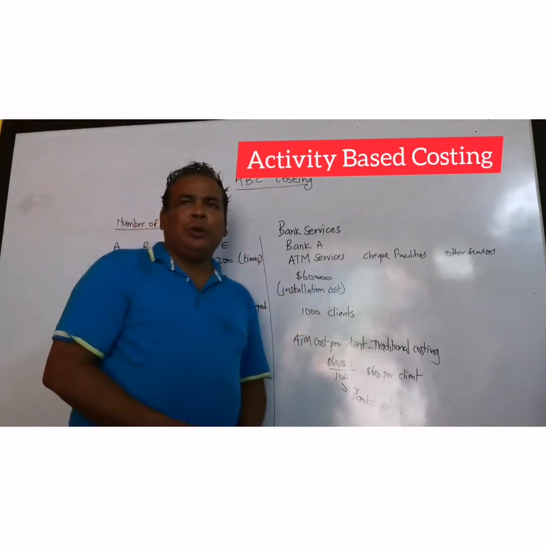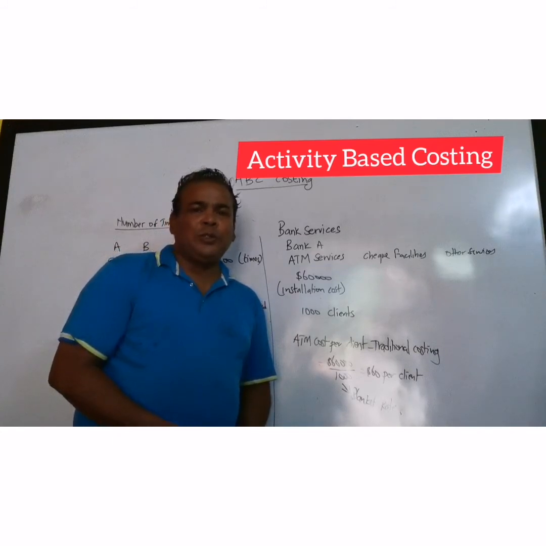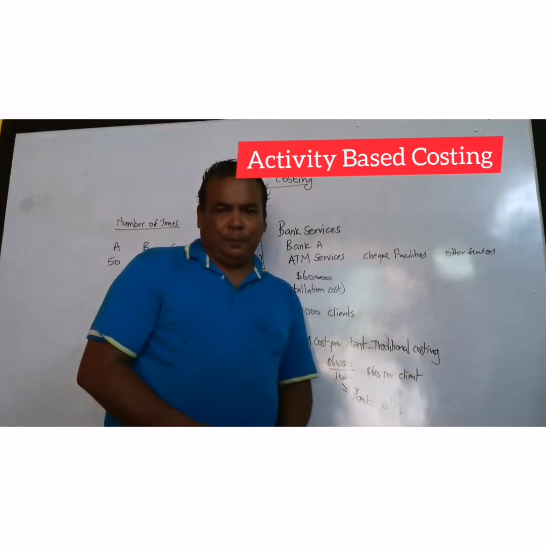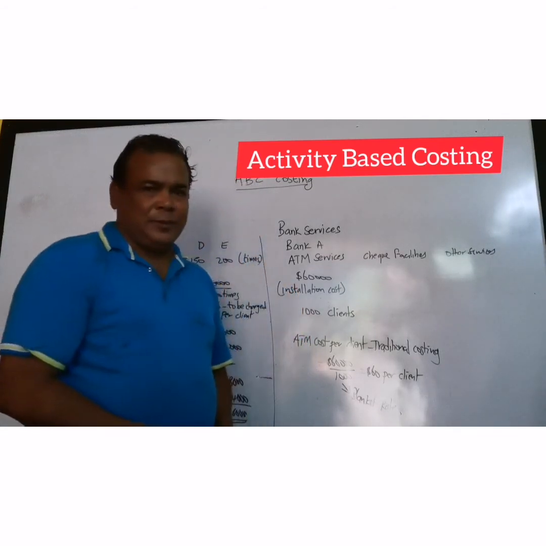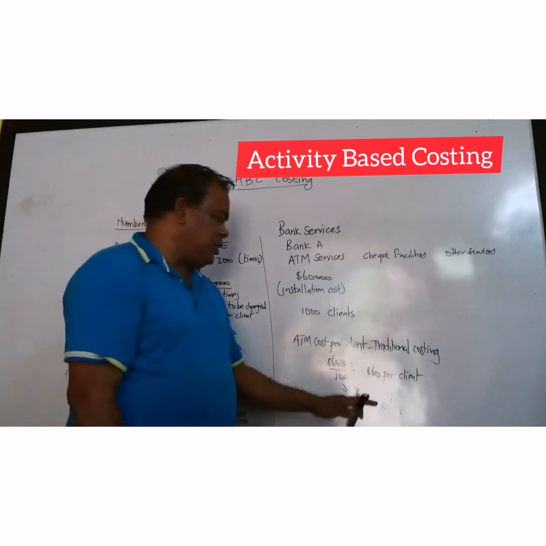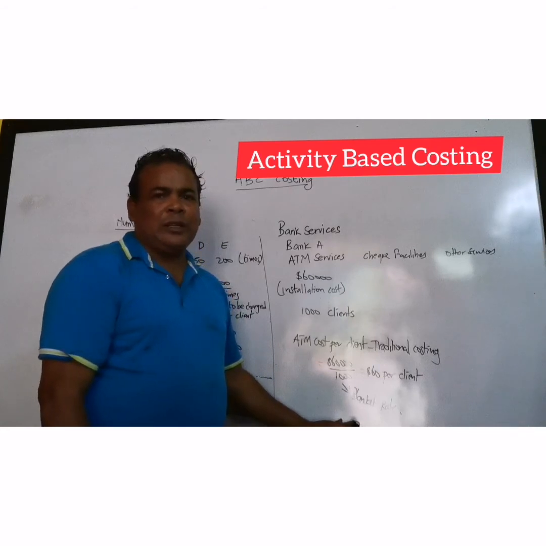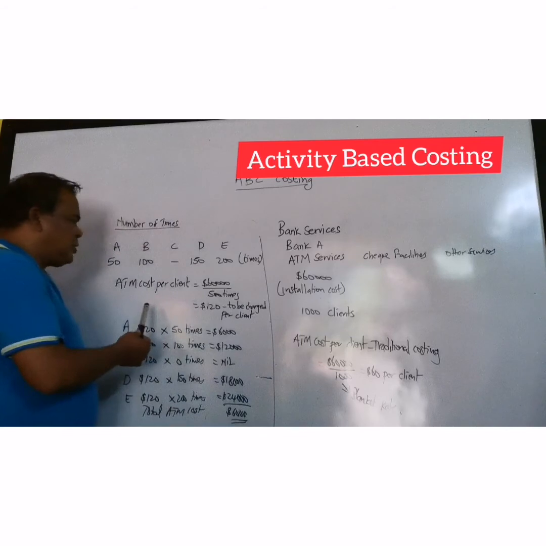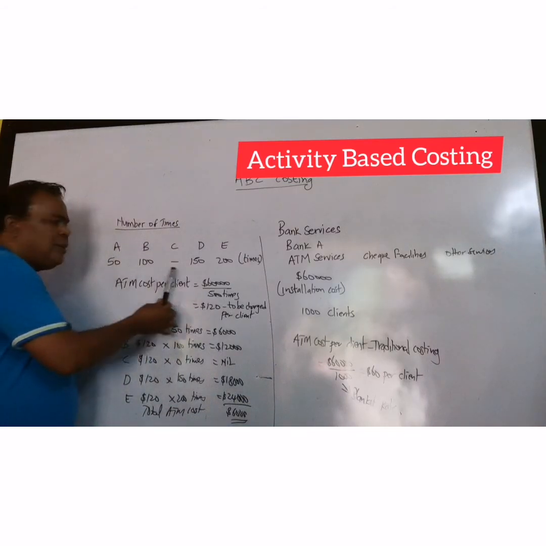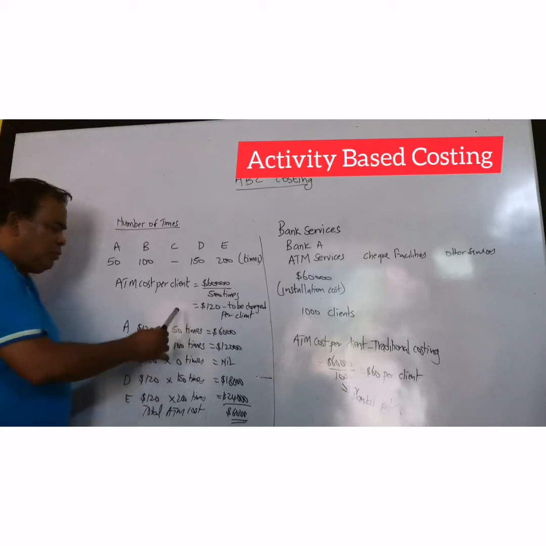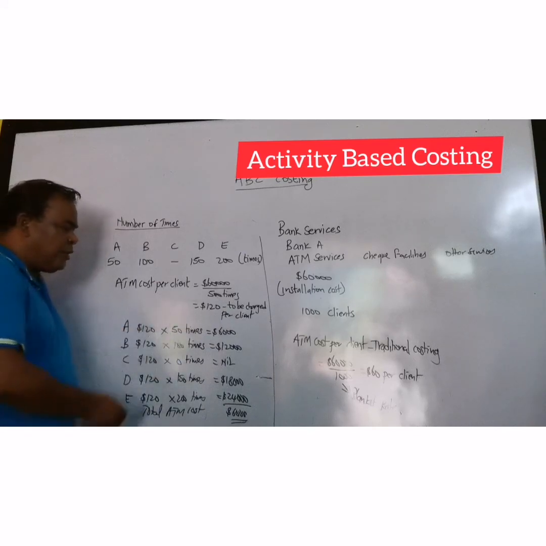So he will go to another bank which is using activity-based costing, that is, which calculates the number of times the client is using the ATM service. So instead of using the traditional costing system to calculate cost per client, we can use activity-based costing, which will take into account the number of times the client is using the ATM. So this will be an accurate cost.